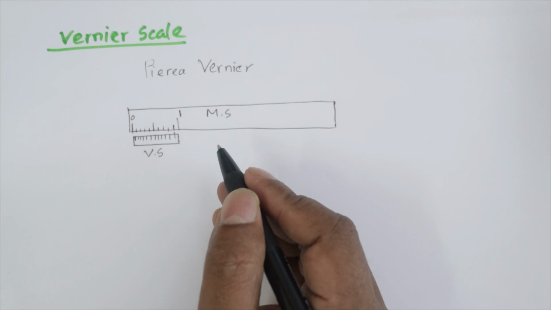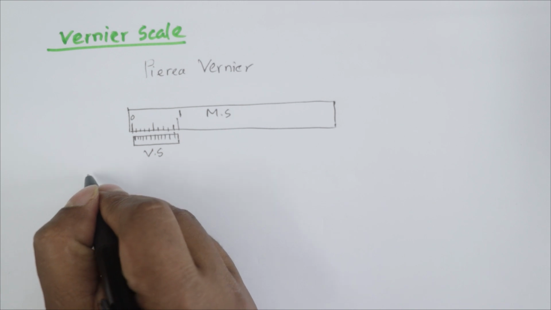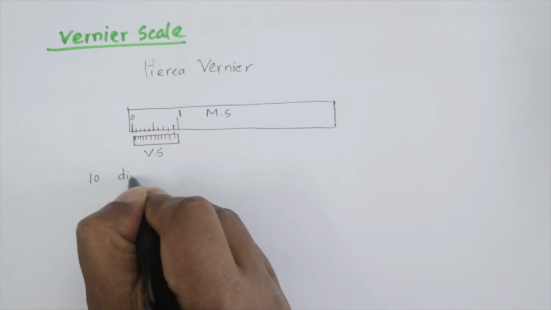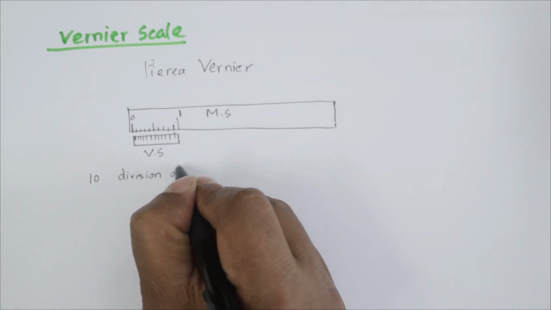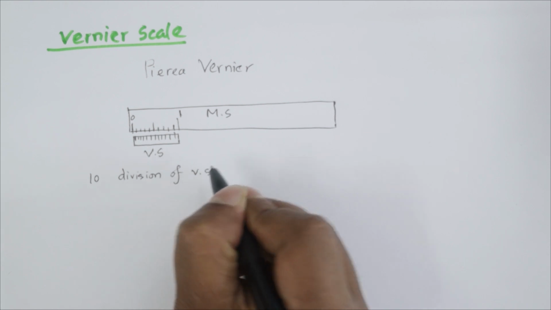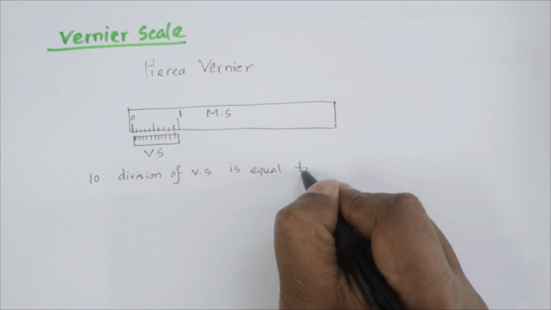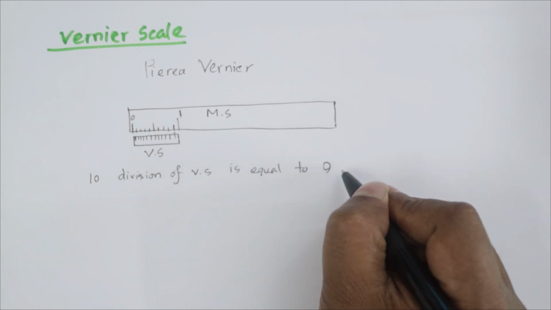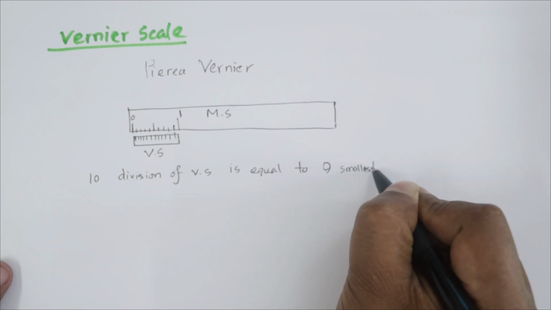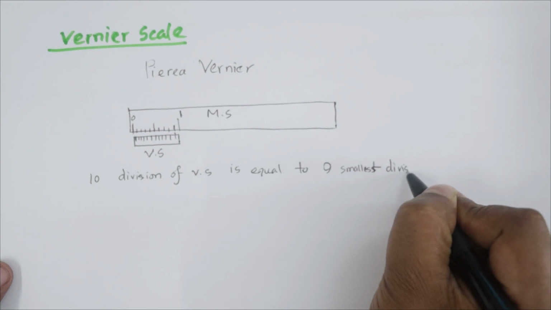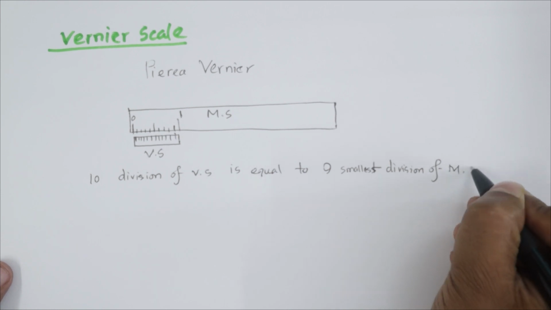So 10 divisions of the vernier scale are equal to 9 smallest divisions of the main scale.